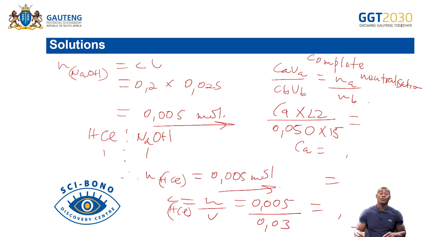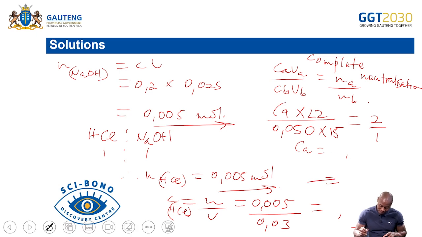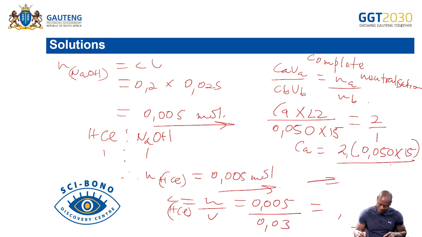Then from the balanced equation, the number of moles of the acid is 2 and the number of moles of the base is 1. So we will have CA equals 2 into 0.050 times 15 over 22. Then you should get the same answer.